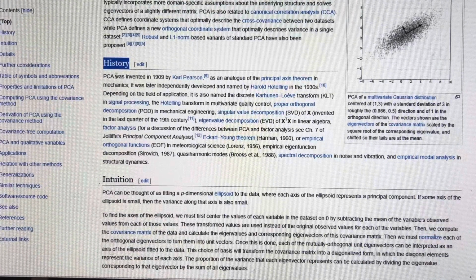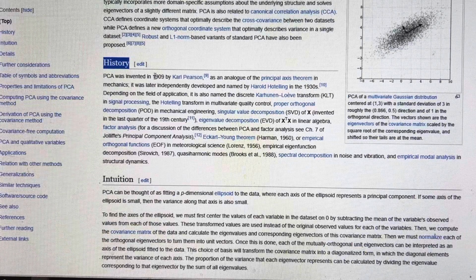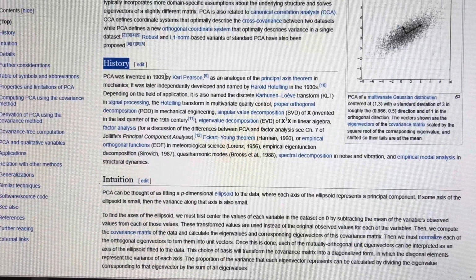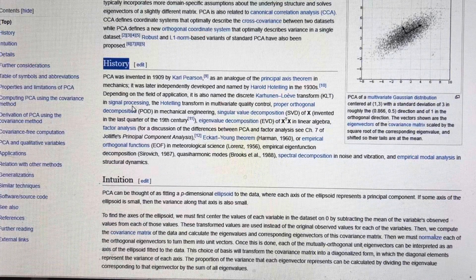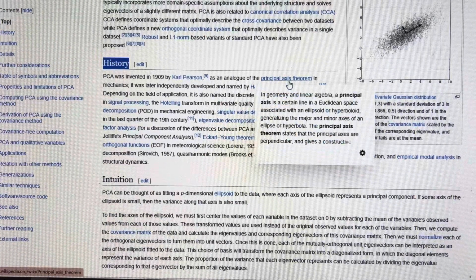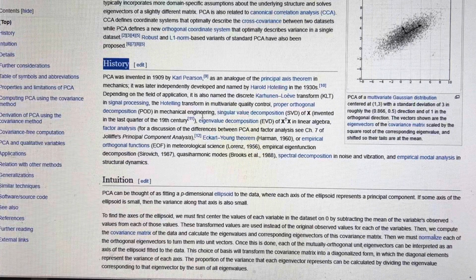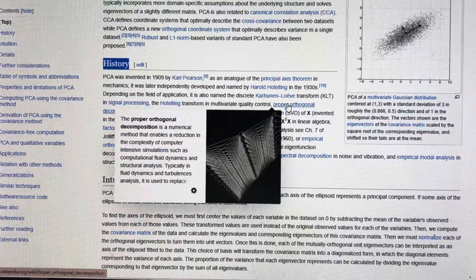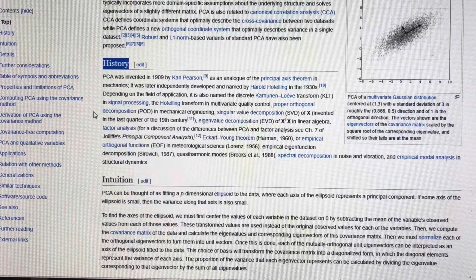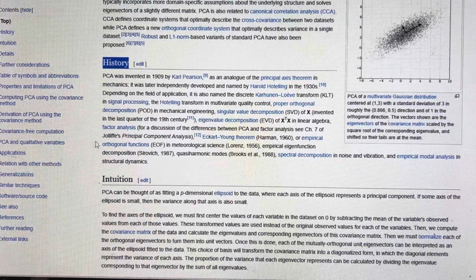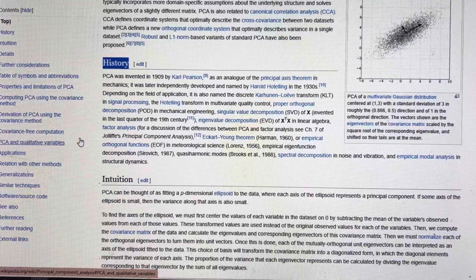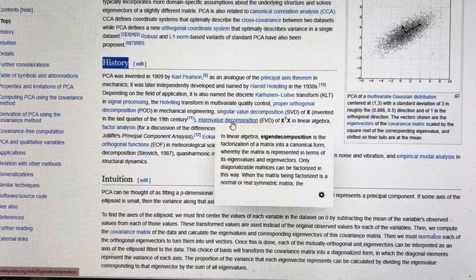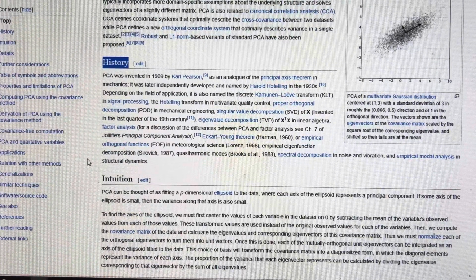It was invented as early as 1909 by Karl Pearson, and it's called principal axis theorem in the beginning, and proper orthogonal decomposition, and it uses eigenvalue decomposition in matrix operation. It's just part of the linear system theory for control engineers.